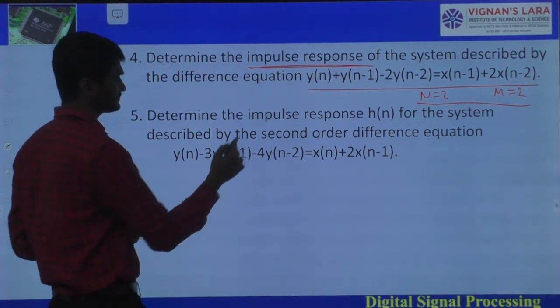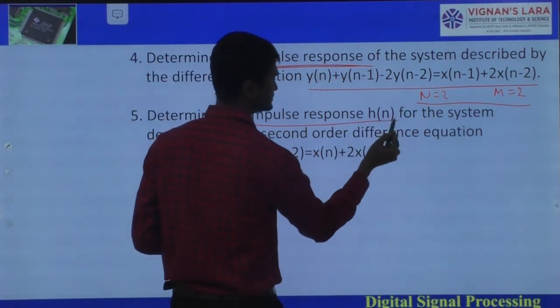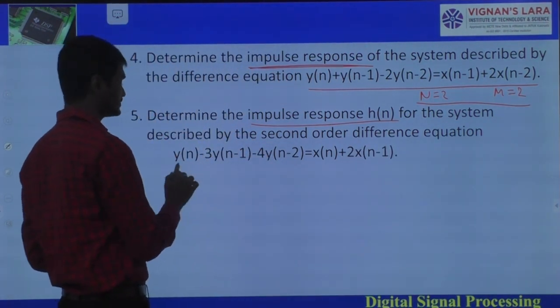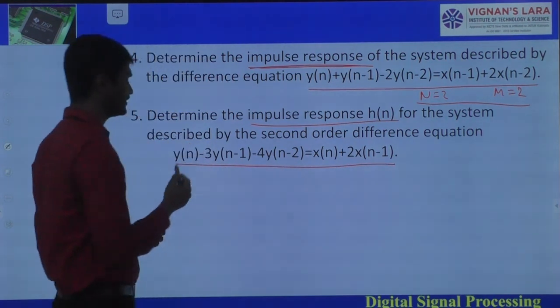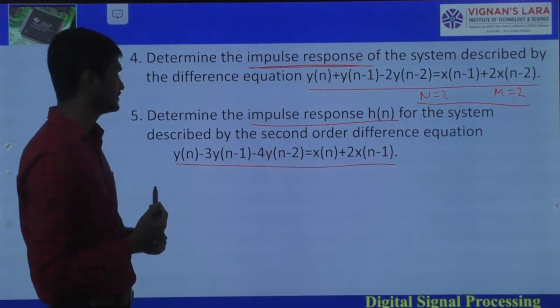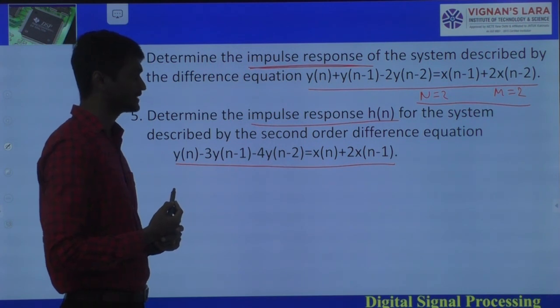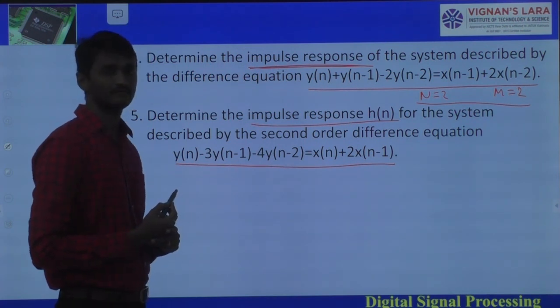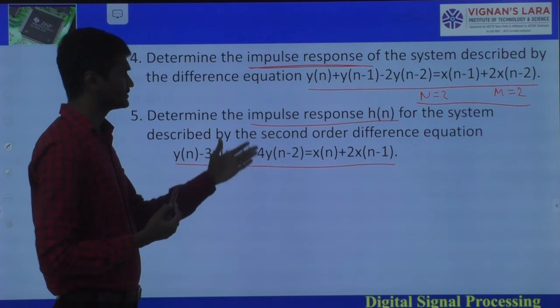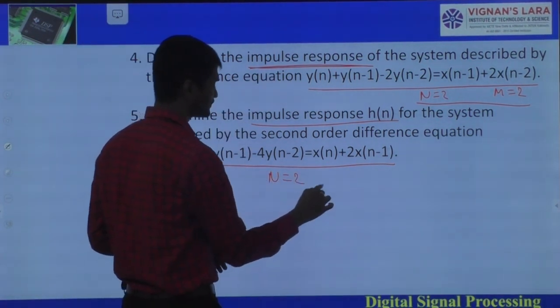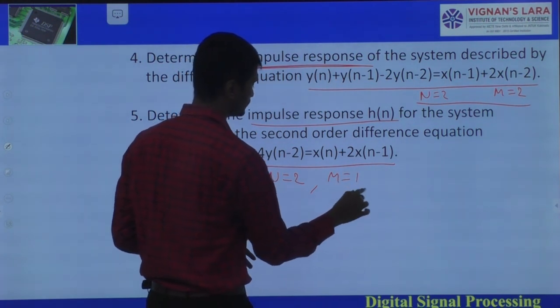So next, same: determine the impulse response h of n for the system described by the second order difference equation y of n minus 3 into y of n minus 1 minus 4 into y of n minus 2 is equal to x of n plus 2 into x of n minus 1. So same way here n is equal to 2, m is equal to 1 only.